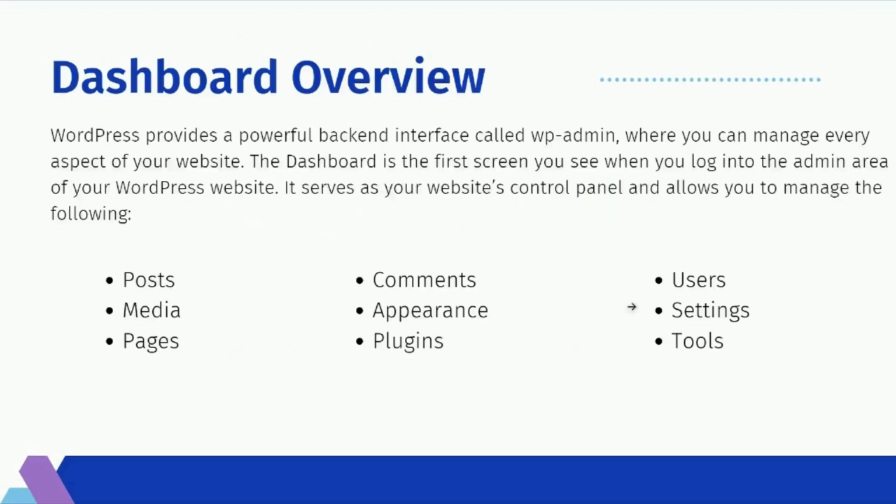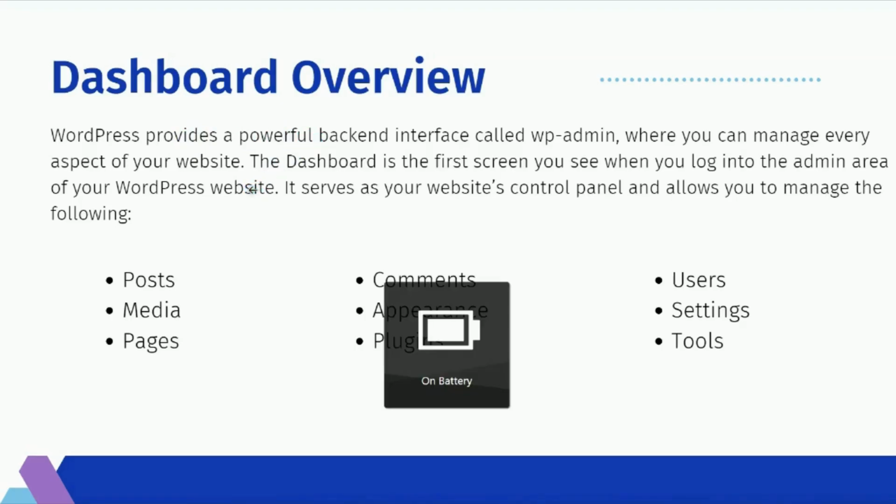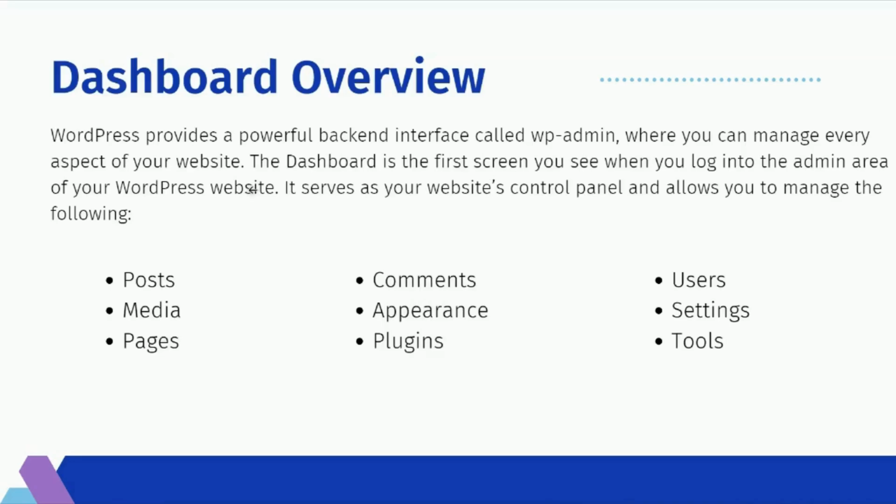Let's continue. After we have successfully installed WordPress in AWS, I will now discuss the dashboard overview. WordPress provides a powerful backend interface called WP Admin, where you can manage every aspect of your website.